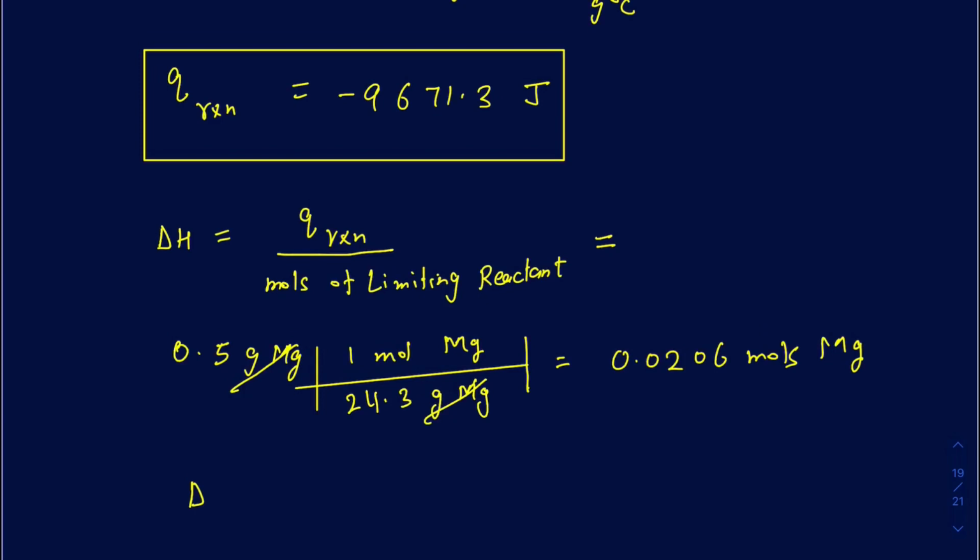Okay, so once you have the moles of magnesium, it should be an easy task to figure out the delta H, and let's call that delta H1 because that's what we have called it in the original reaction. So delta H1 is going to be negative 9671.3 joules divided by 0.0206 moles.